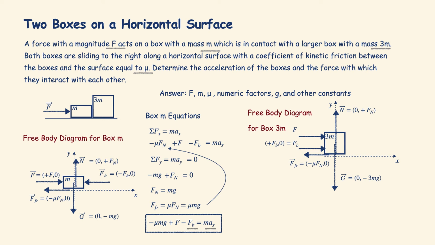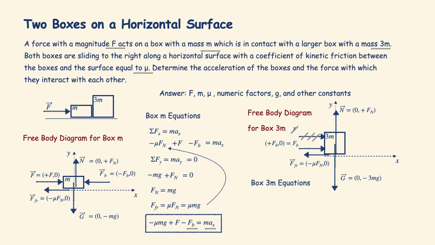And I also have one physical interaction between the small and the large box, and that is why I have that force Fb. But the original force that pushes the small box m does not touch the large box 3m, so it does not belong to the free body diagram for the large box.